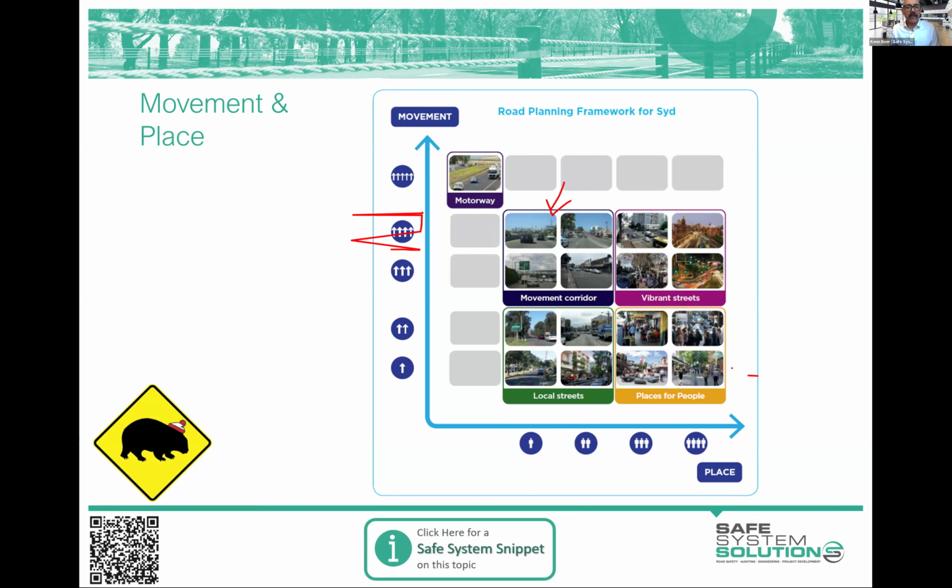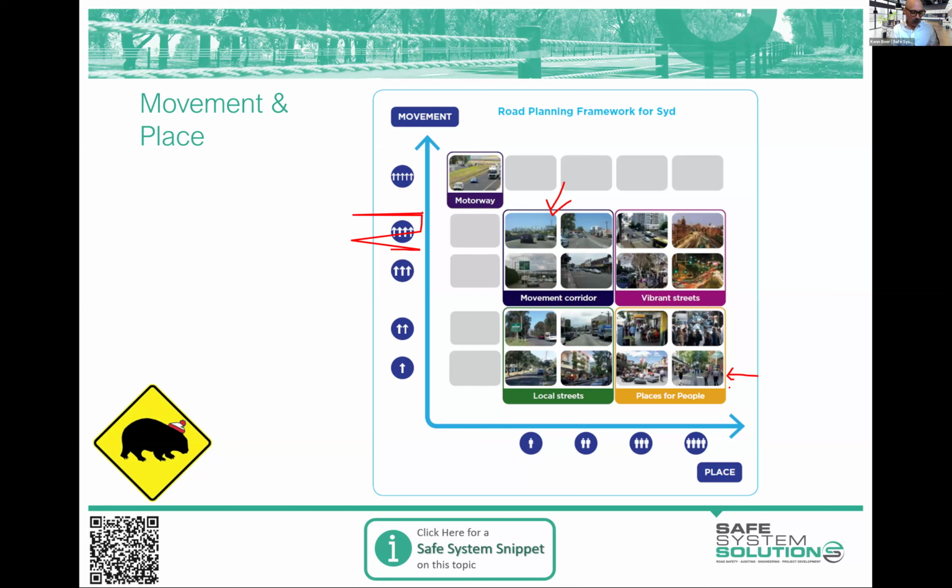Likewise, down here, if you've got an area you want as place for people and you put continuous barrier systems down the outside of the road and the like, you've eroded the place value of the area. Yes, both of those will probably give you better alignment with safe system principles, but they don't align with the strategic transport planning of that area.